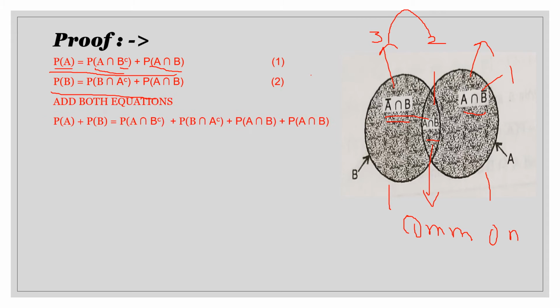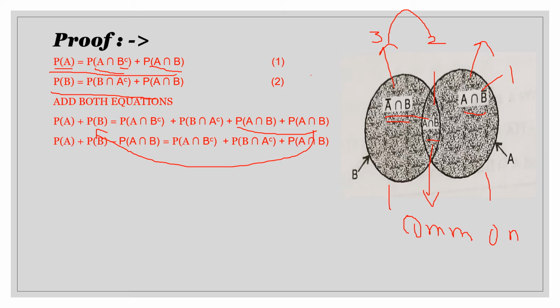Now add both these equations. On the left hand side we get P(A) plus P(B), and the other terms are collected on the right hand side. Now we have two terms of P(A intersection B) on the right hand side. Take one term to this side and it becomes minus. Look at these parts: this is our part one, this is our part three, and this is our part two in the picture.